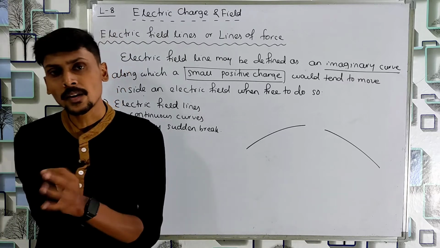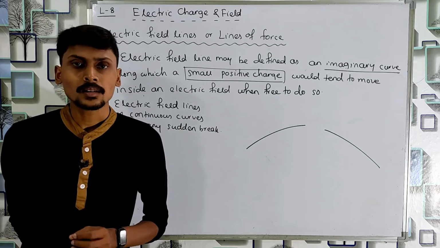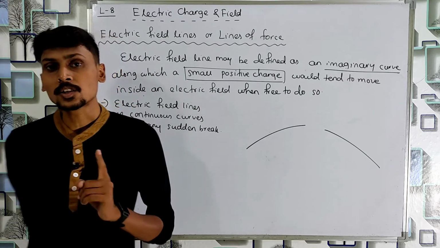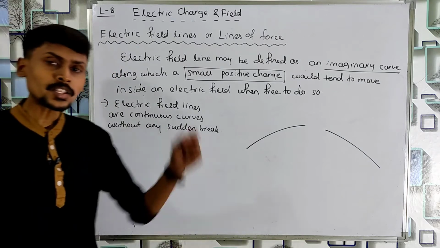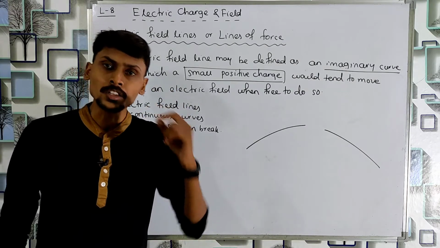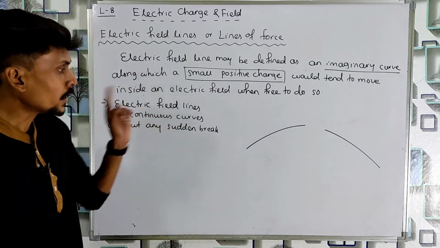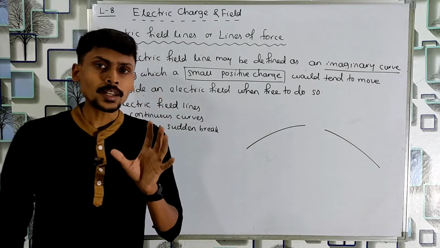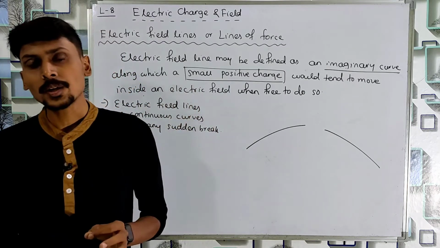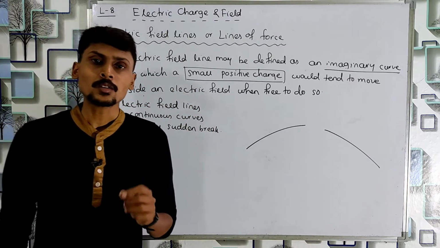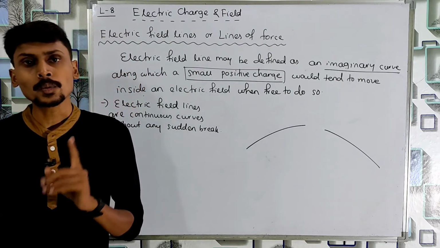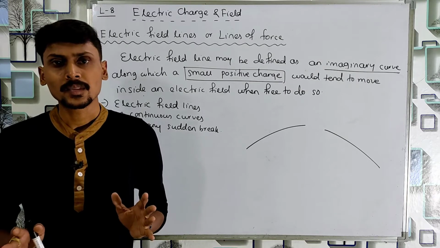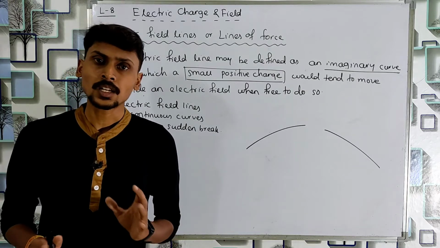Whenever we have an electric field, a test charge inside it will experience a continuous force. And since the charged particle will experience a continuous force, the electric field line will also be continuous. In a region where there is an electric field, a charged particle will experience a force, and the force will be continuous. Inside an electric field, at no point can the force be zero. Is that clear?